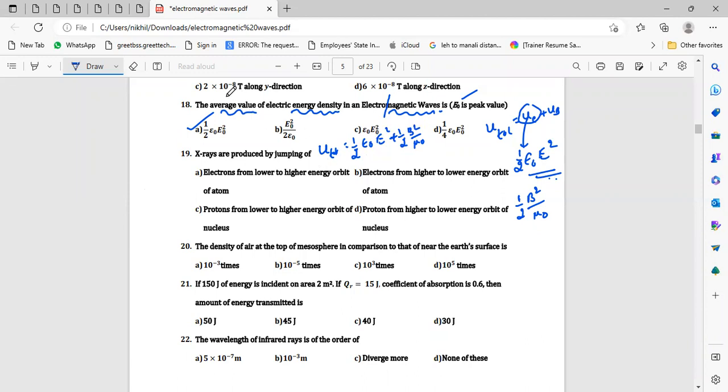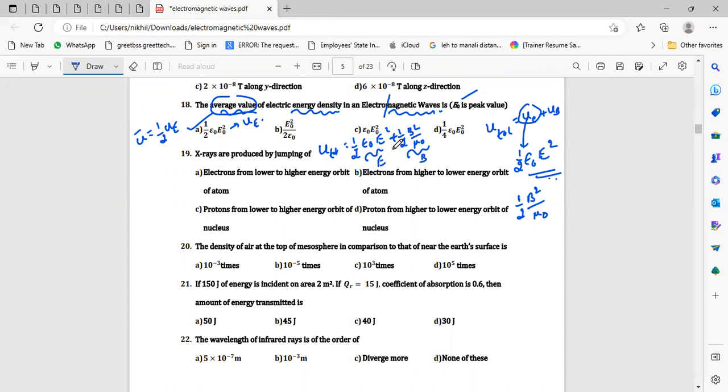Now, they are expecting the average. Since it is divided into two parts, one for the electric field and another for the magnetic field, the average energy for the electric field will be half of the total. The other half is taken up by the magnetic field.